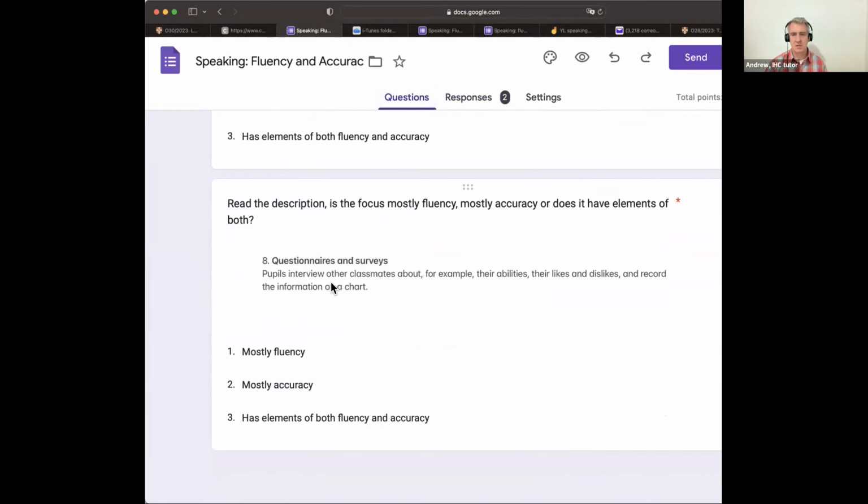So that's when they're interviewing about their abilities, likes and dislikes. You could include elements of accuracy by getting them to practice the questions before they ask them or formulate the questions together. But the actual asking of the questions and the responses would be more focused on fluency.